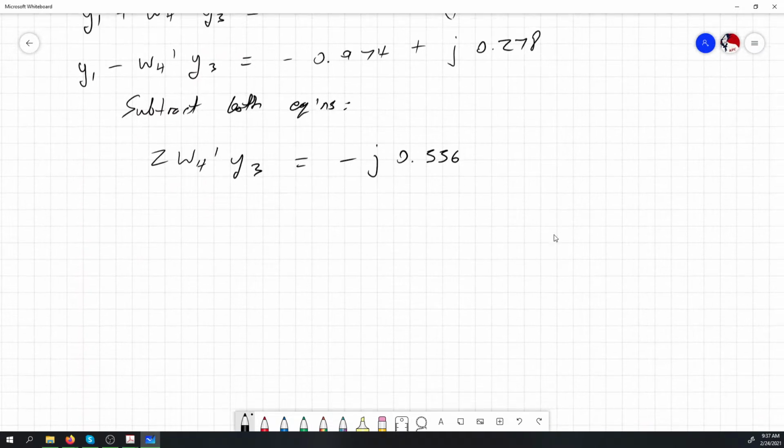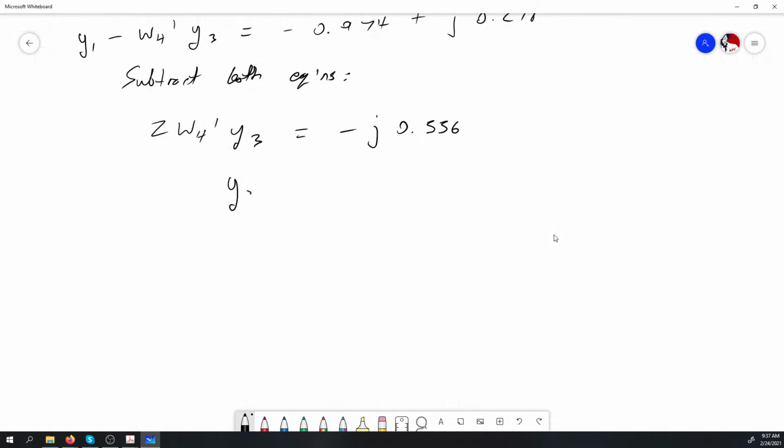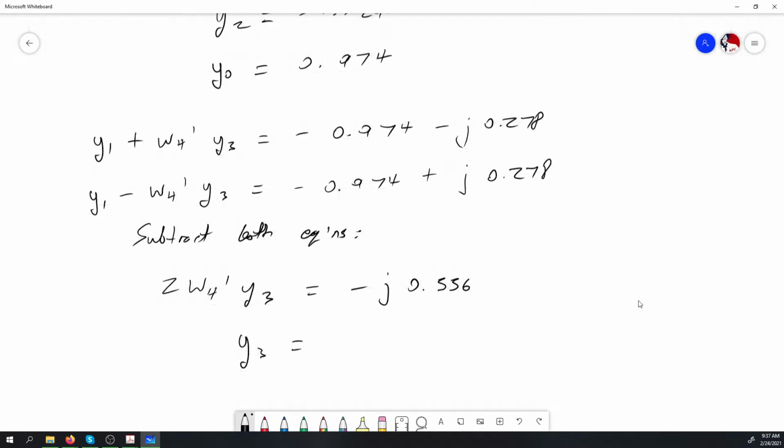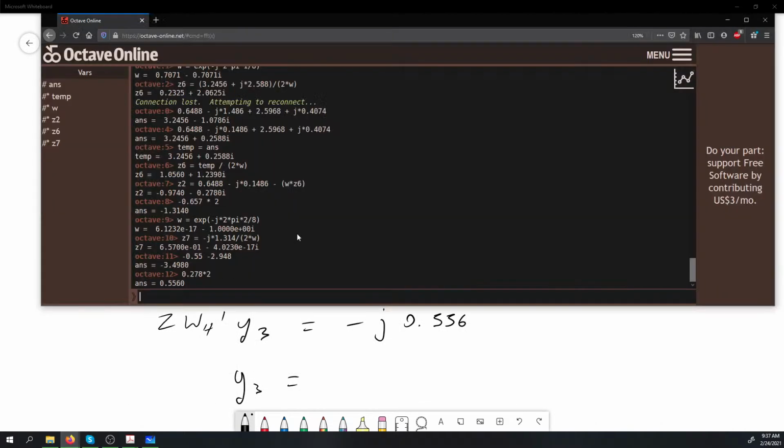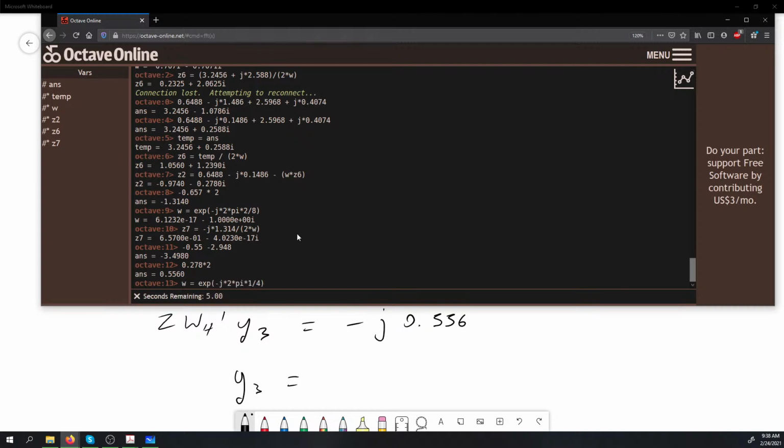And we can solve for y3 here. So let's bring back up Octave to help us solve this. We're going to be solving for w first. So this is exponent of minus j by 2 by pi by 1, because it's w4 of 1, and divide by 4 because we're at the second decimation stage.